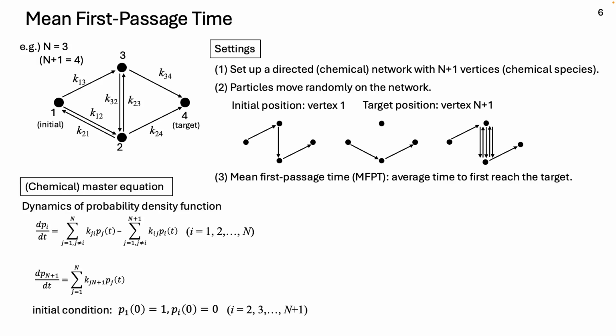To do so, we consider the chemical master equation. The master equation describes the dynamics of the probability density function. Generally, the master equation can be written like this.